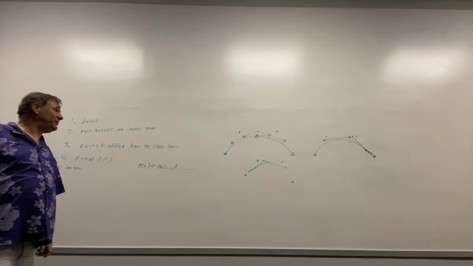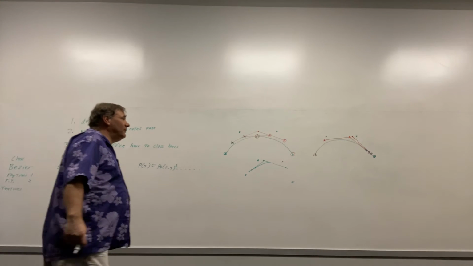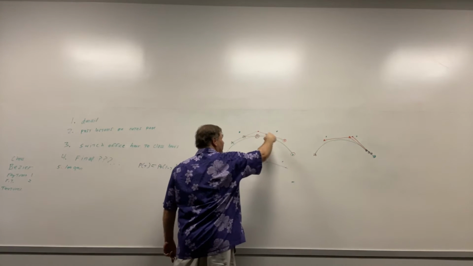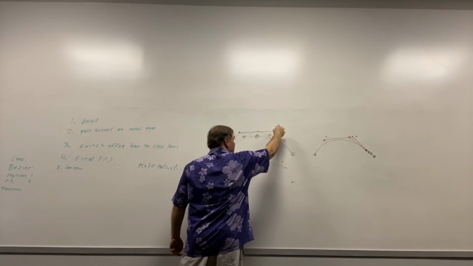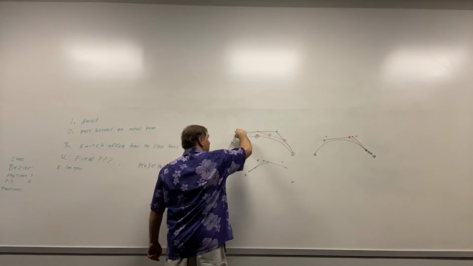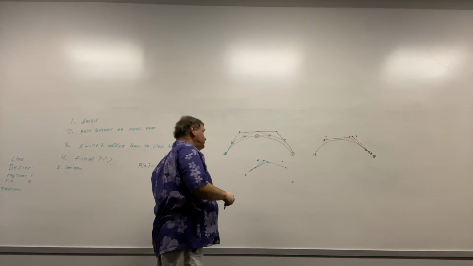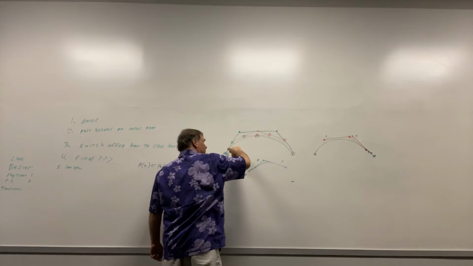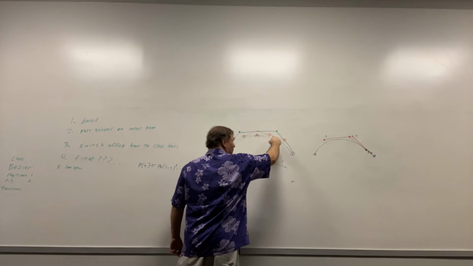And Mr. De Casteljau also made the observation that the control polygon itself, which would be just connecting control point 0 to 1 to 2 to 3, approximates the curve, not very closely, but notice after one subdivision, this control polygon is closer to this curve, and this control polygon is closer to this curve.